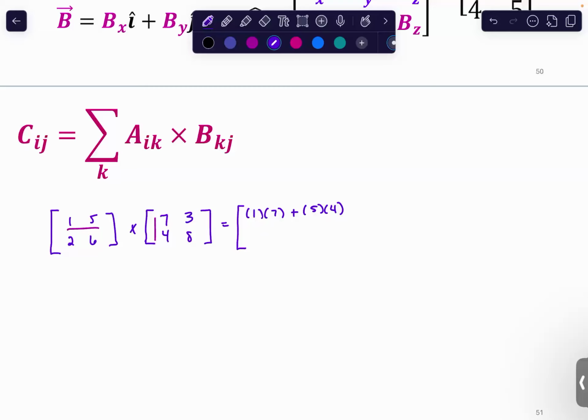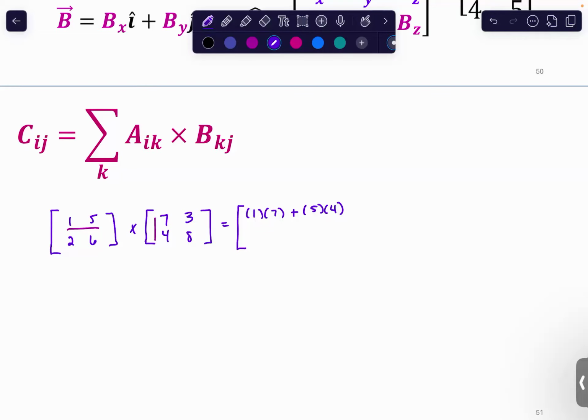If you think of your AIK, you take row 1, column 1, so it'll be A11. Your K will have to be a 1, so that's row 1, and then J will be column 1, so it'll be A11. Then your next one will be A12, row 1, column 2, and then B will be 2, 1, row 2, column 1.